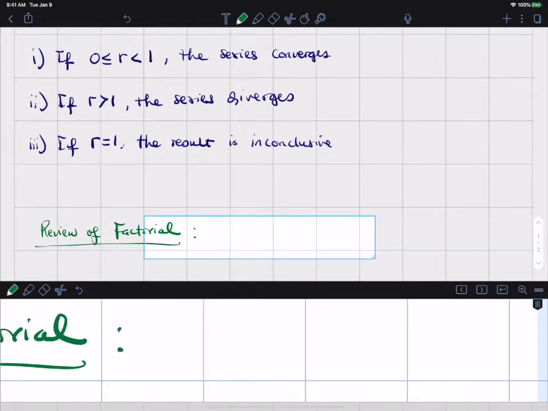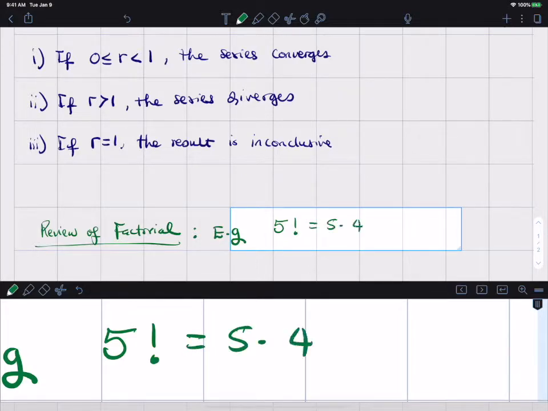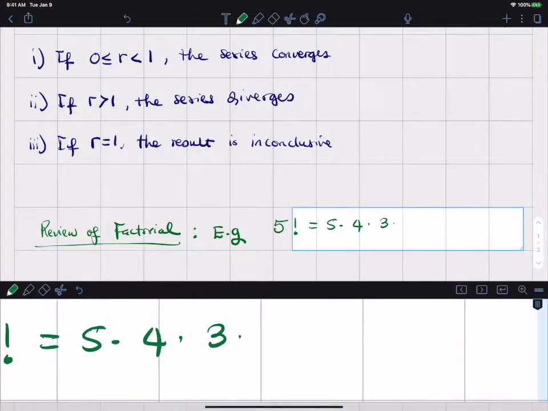Remember that if you have, I'm just going to use an example instead of making it so abstract, 5 factorial, 5 factorial is equal to 5 times 4 times 3 times 2 times 1, etc. Right?